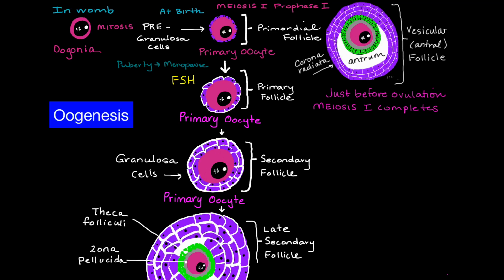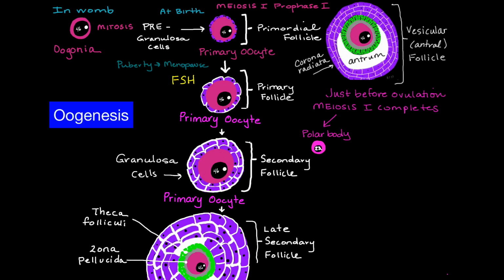But right before ovulation, when we've got great amounts of LH in response to hormone changes, meiosis 1 is finally complete. So, because of that, we end up with two things. We have a polar body.